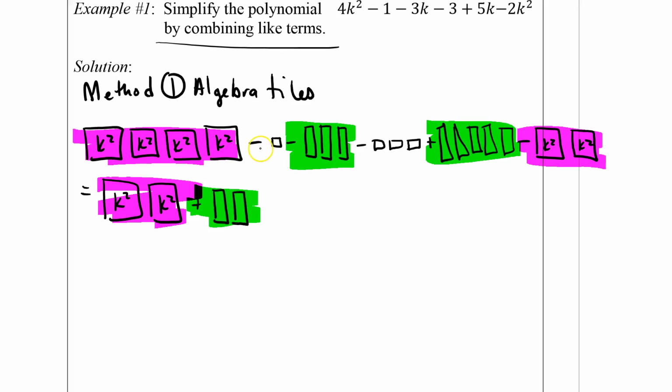We have negative 1 minus 3. Don't forget the sign in front of it. So what I'm going to be left with here is negative 4. Just to write this out, we have 2k squared plus 2k minus 4.